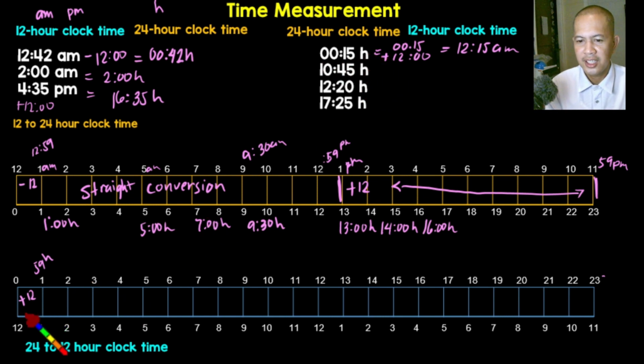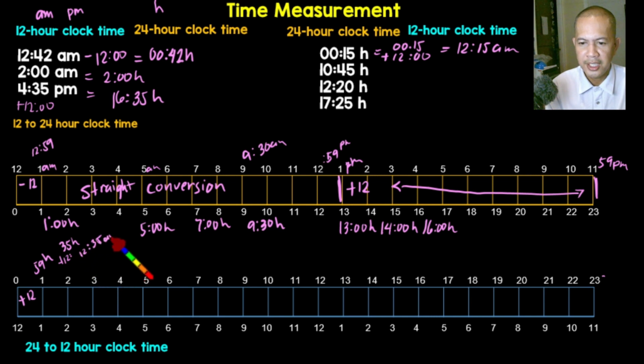That is how we get from 0 hour to 59 hours: we add 12. Last example, 35 hours plus 12, you get 12:35 a.m.